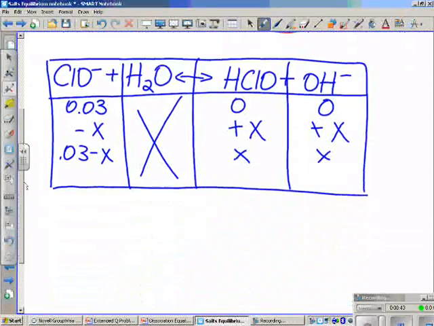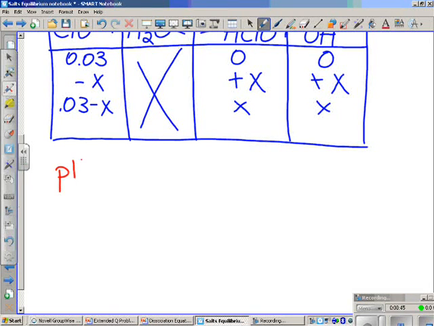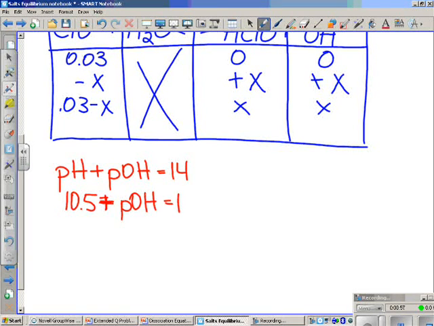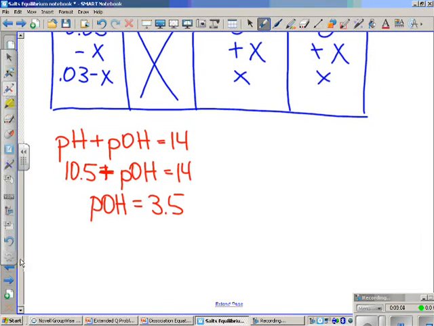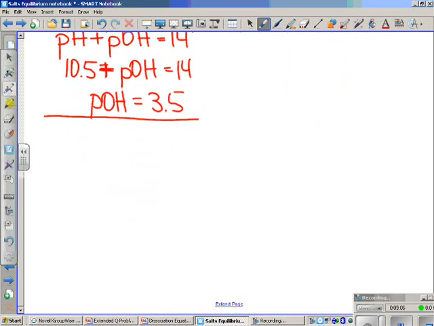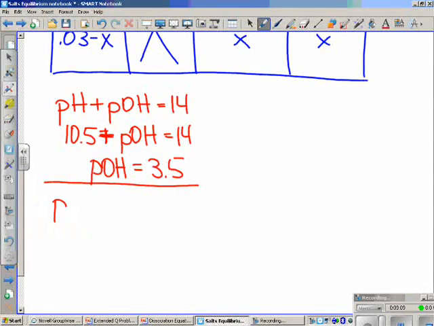We need OH minus. There's a couple ways to do this. I'm going to take pH plus pOH equals 14. pH is 10.5. That should be a plus. pH plus pOH equals 14. That makes my pOH 3.5. Then I'm going to take the pOH I have, the negative log of OH minus, like so.